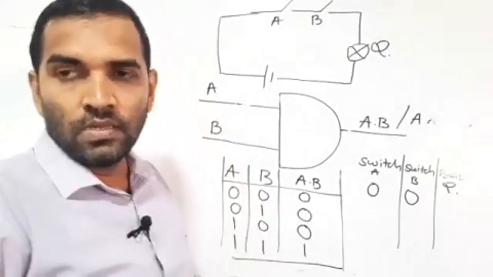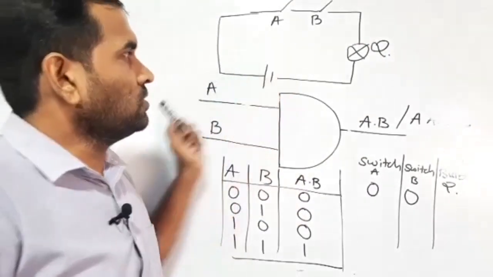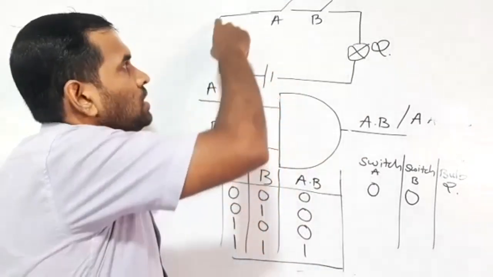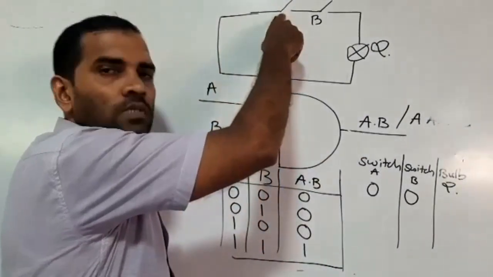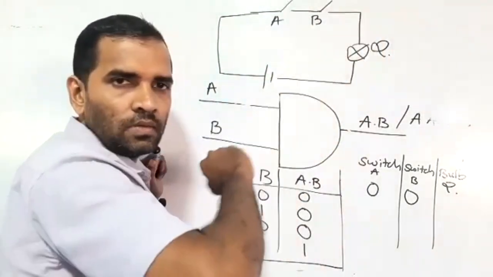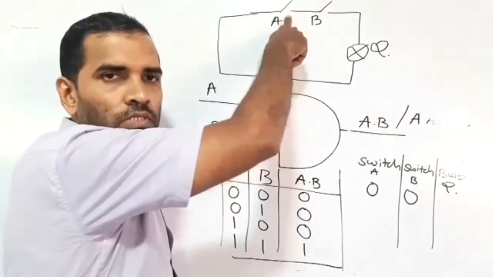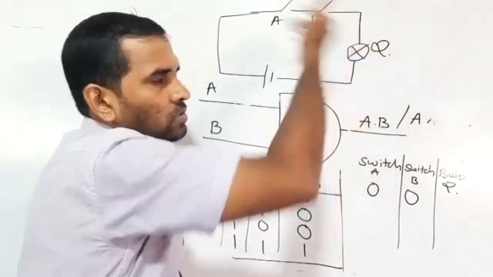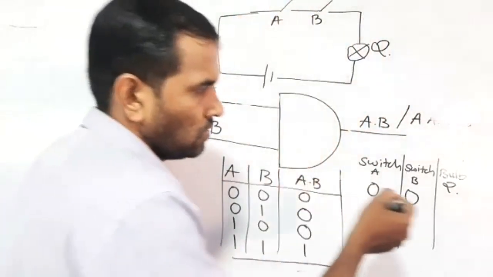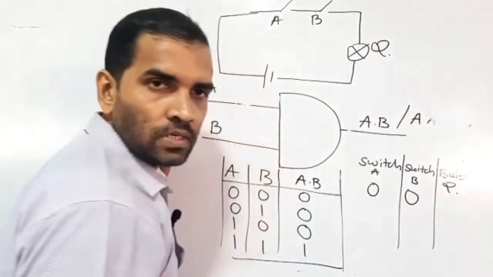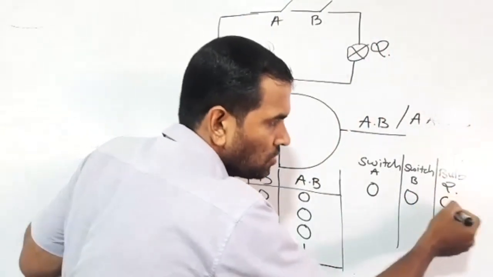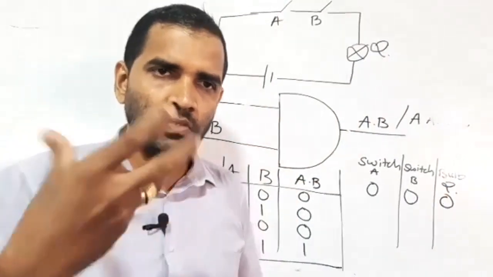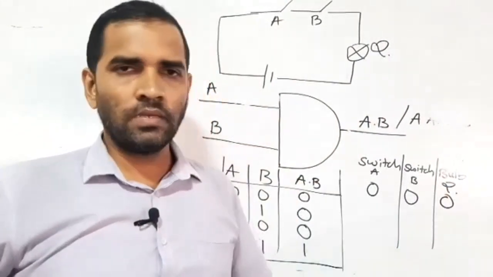Because the electricity starts here, and when it comes here, it cannot pass because there is a switch which is off. So electricity never goes beyond, and the bulb doesn't work. So I take that as 0.